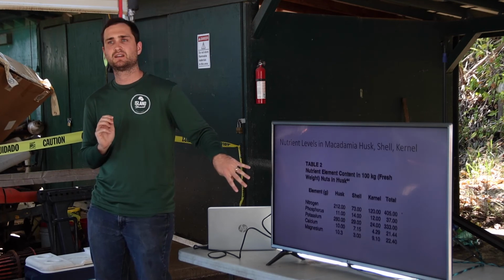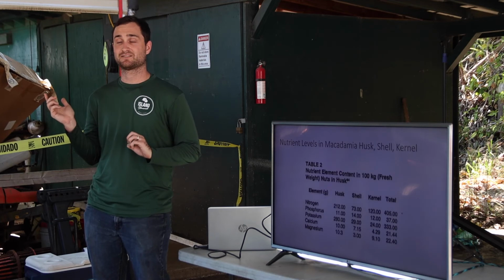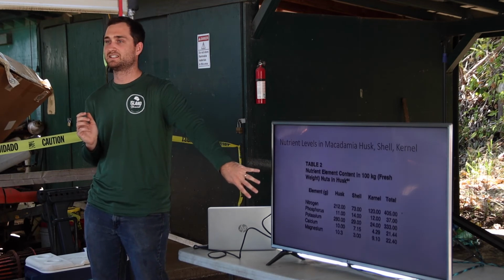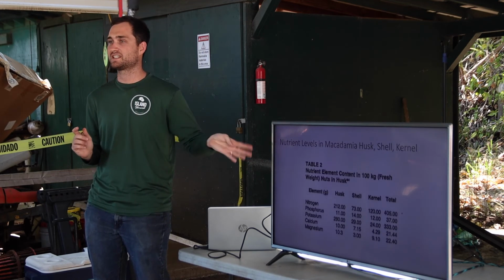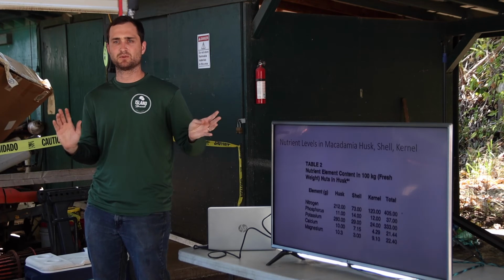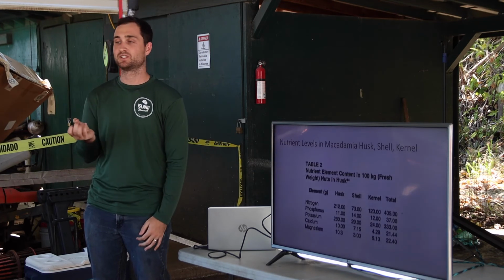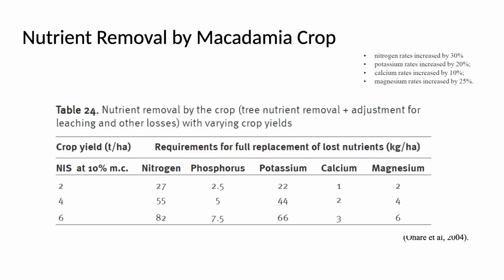These numbers are a little bit different than what we've seen out of Australia and South Africa in recent years, so paying attention to these absolute values might not be a good idea. Tai and I discussed that we're not really sure exactly how they came up with these and who's right, but the concept that a lot of the nutrient is in the husk is a good concept to be thinking about.